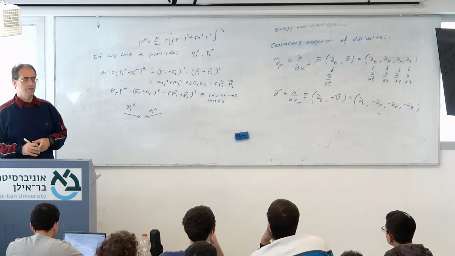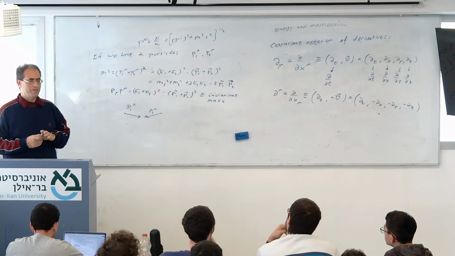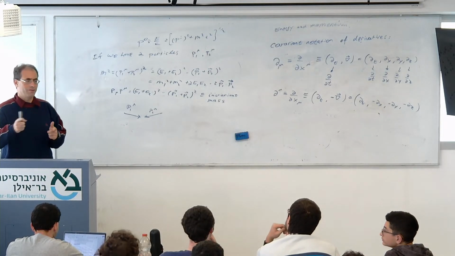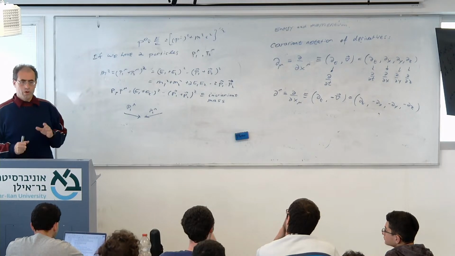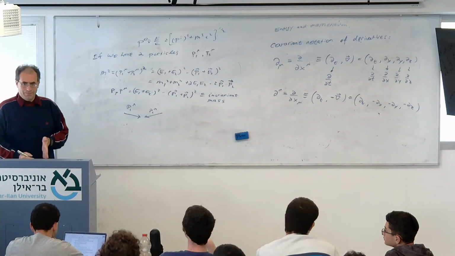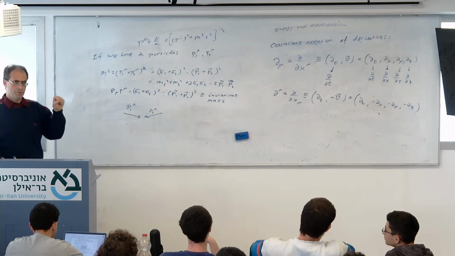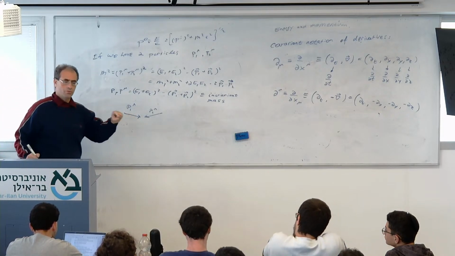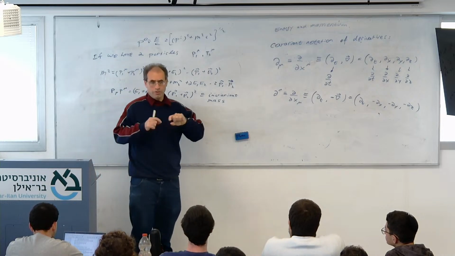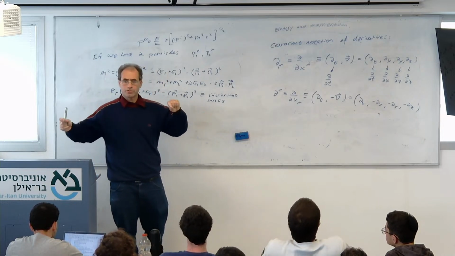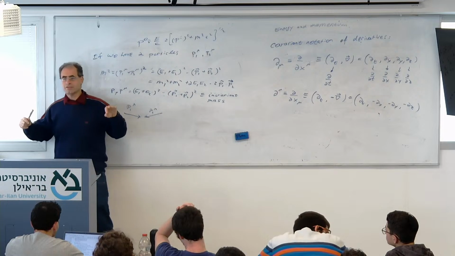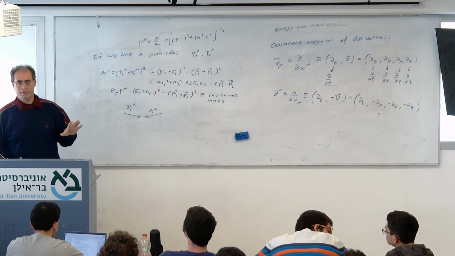Guys, one by one. Don't mind asking questions, but please ask them one at a time, I cannot even hear the question. So, when we say invariant quantity, it means that two different observers with two different inertial reference frames, moving with respect to each other, both agree on this quantity. That is the meaning of an invariant quantity.